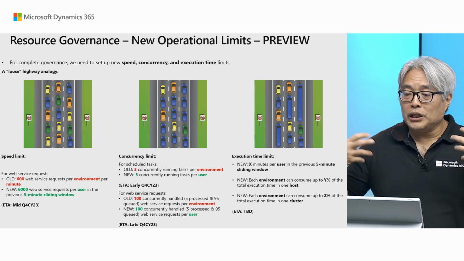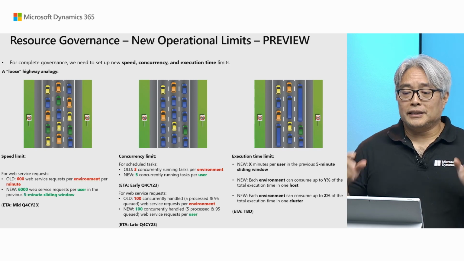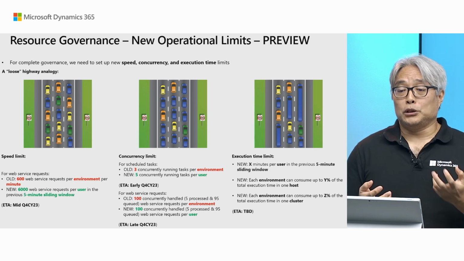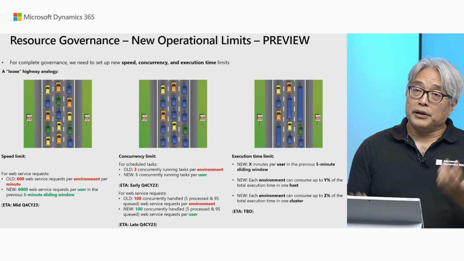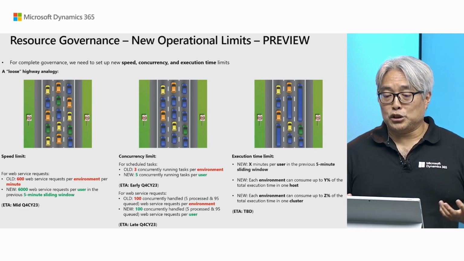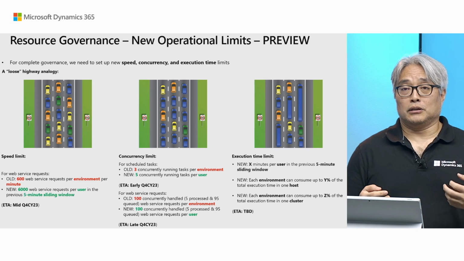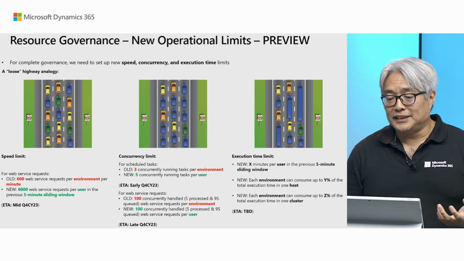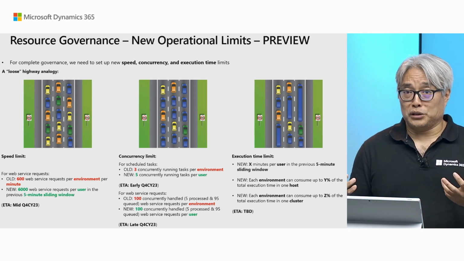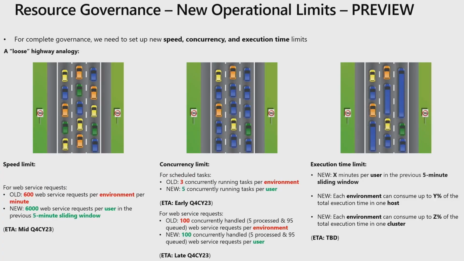So within that 20-minute execution time, what is the X minutes that we allow per user to consume? And then under the hood, we will make sure that each environment does not consume up to Y% of the total execution time, or Z% of the total execution time in a cluster. So those are limits coming in the future that we plan for incoming releases.